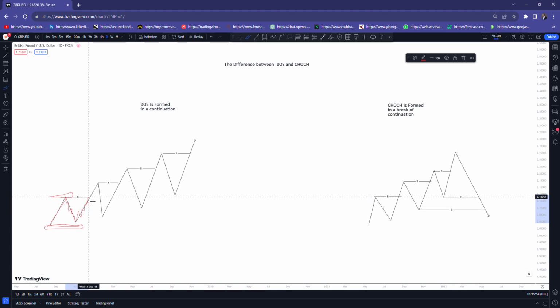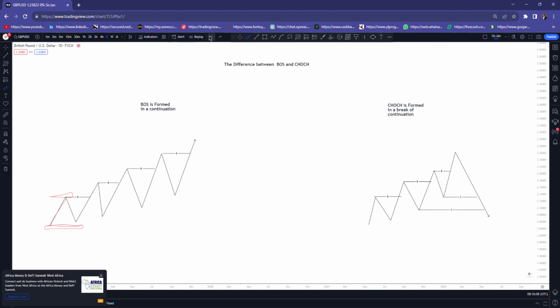Instead of coming back to the downside and creating a double top formation, it breaks above. It gives us a break of structure. That's basically what you're looking for.